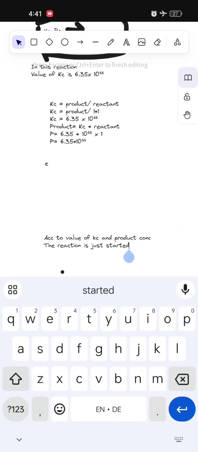So the second possibility is that the value of Kc is very small.